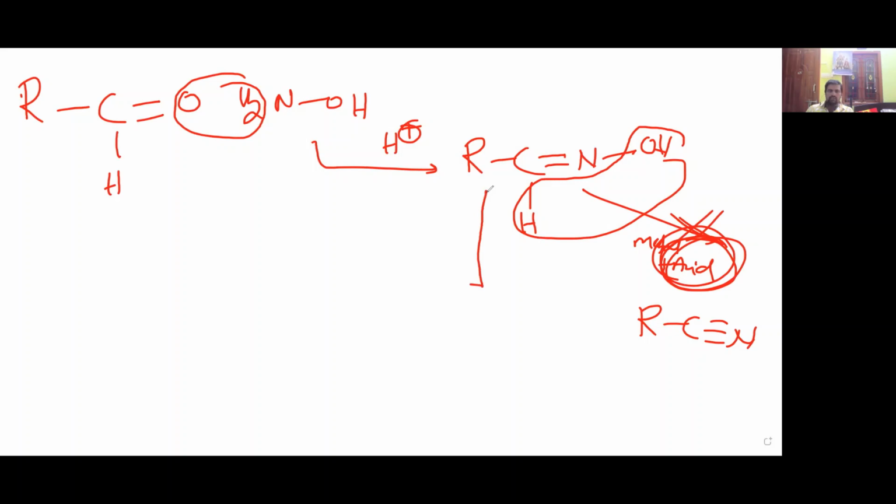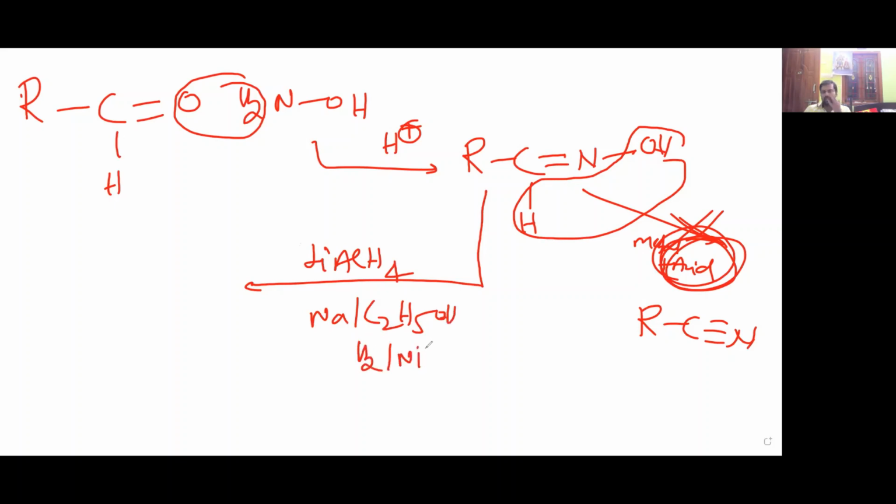What reagents are applicable for this conversion? You have to add LiAlH4, or Na/C2H5OH, or H2/Ni. Here we are not adding metal acid because it is a strong acid.